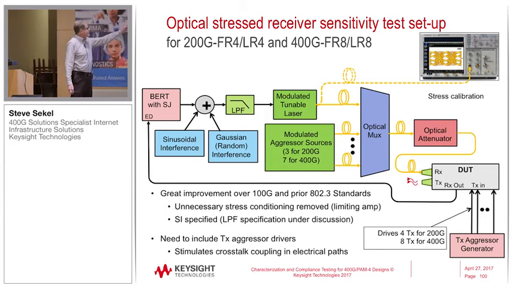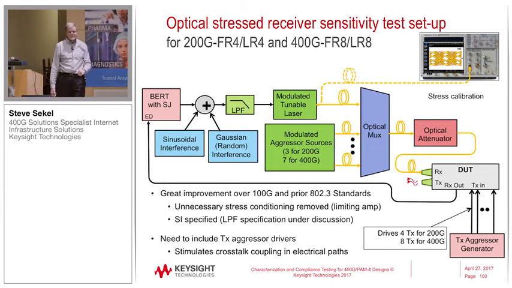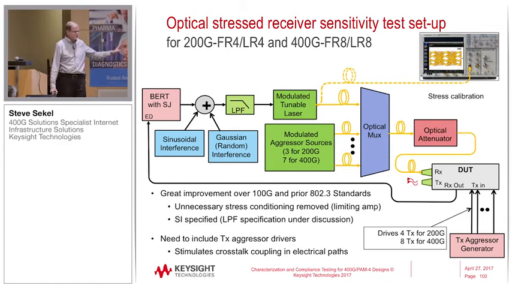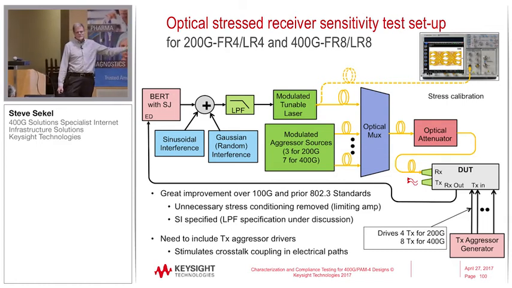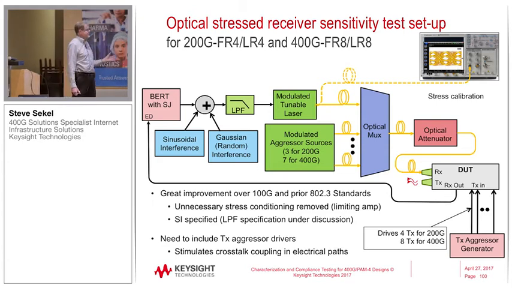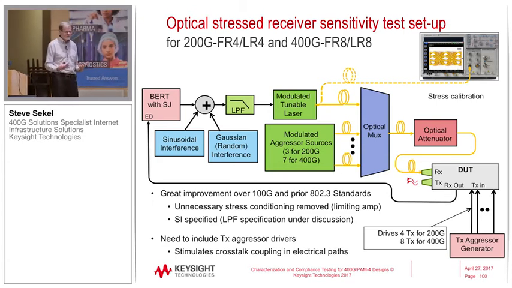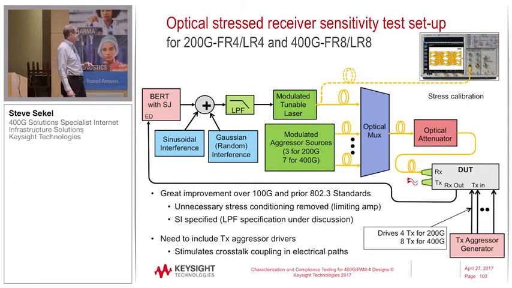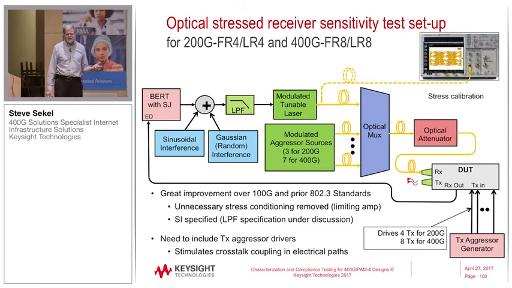They did not define the low-pass filter, and they had a limiting amp in there that was trying to do data-dependent pulse width shrinkage, which you no longer have in modules. Once you put reclockers in the modules, you don't have that phenomenon as a real stress phenomenon in the final link, so you didn't need to put it in there. But IEEE still put that in. They carried it over because they step and repeat from the 10G days, and they didn't call out those parameters.